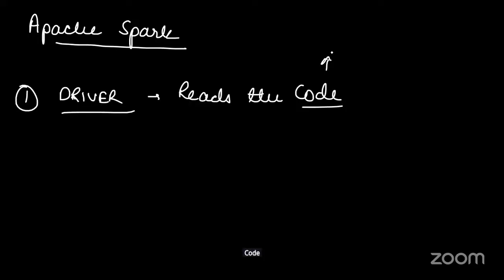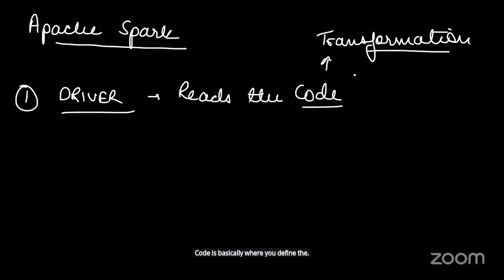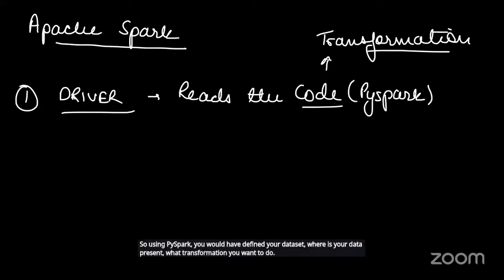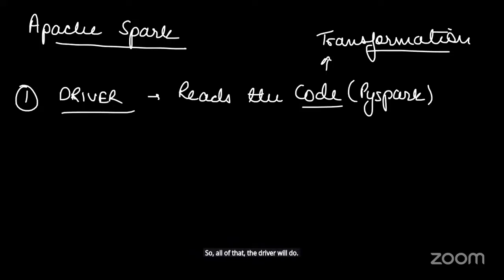Code is basically where you define the transformation. Let's say you are using PySpark. So using PySpark, you would have defined your data set, where your data is present, what transformation you want to do. All of that the driver will read. It will create a plan based on what transformations you want to do.